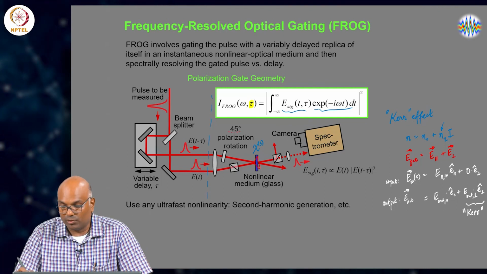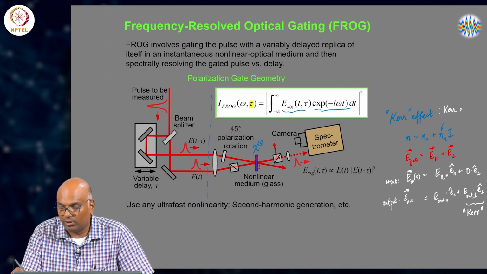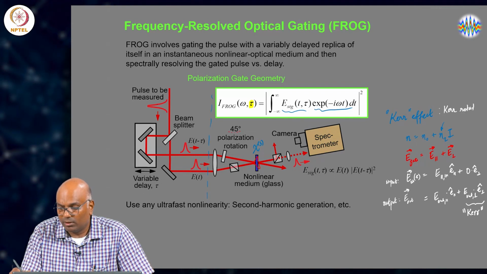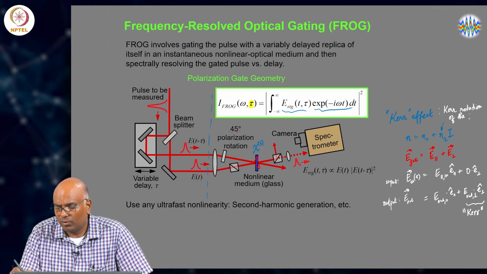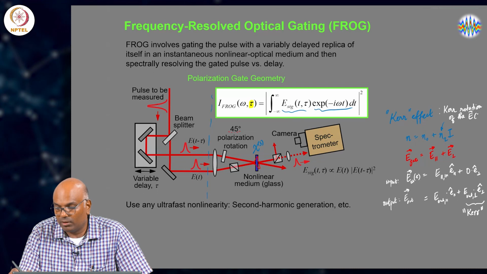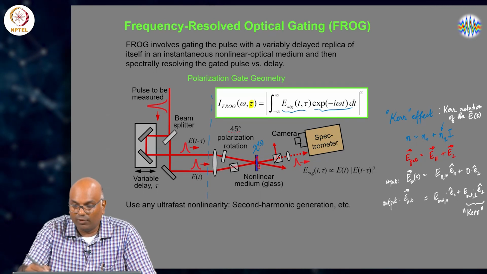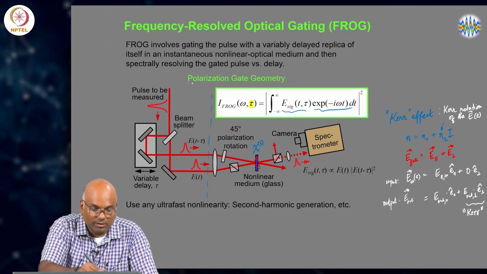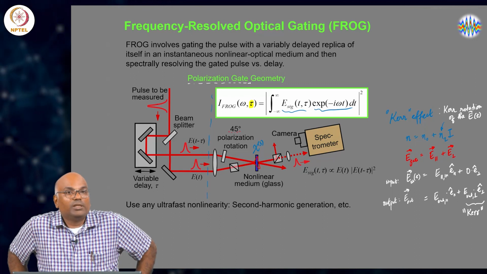The gate pulse's role is the Kerr rotation of E of t. So, we exploit the polarization. This is a polarization gate.